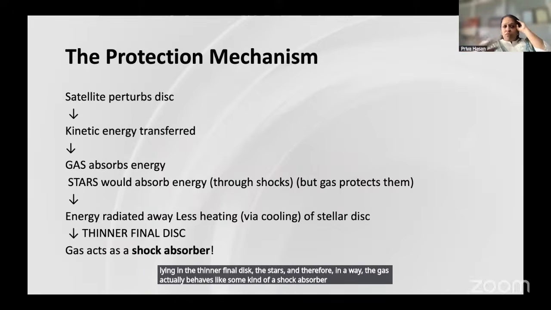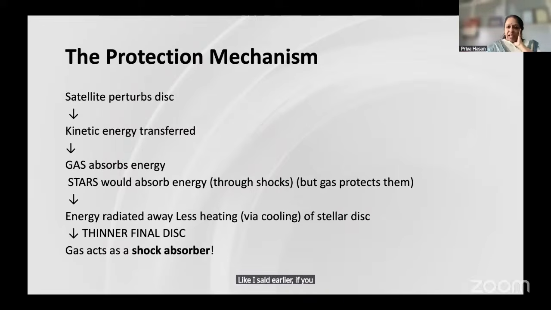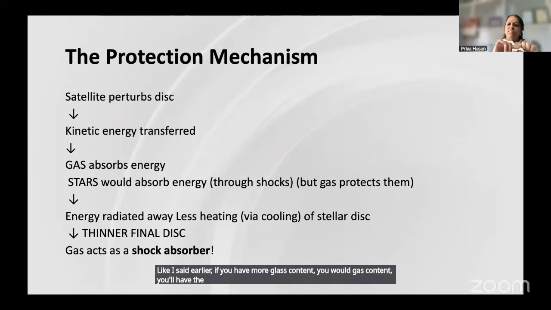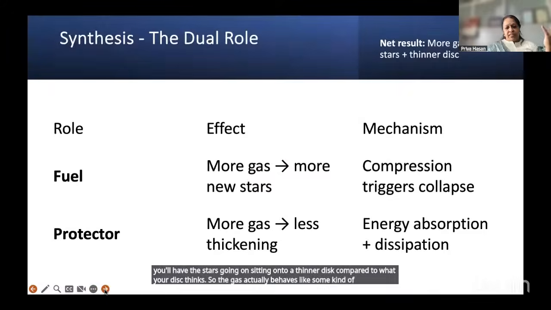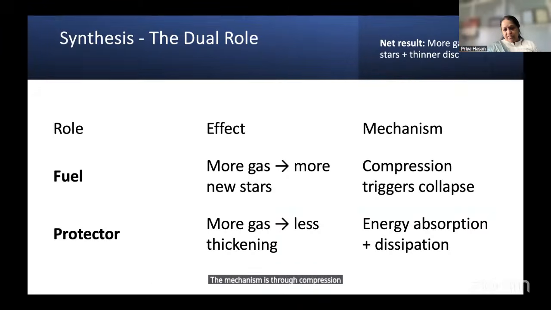So if you start off with your merger, like I said earlier, if you have more gas content, you'll have the stars sitting in a thinner disk. So the gas behaves like a shock absorber. Actually, gas plays a dual role. In terms of star formation, the more gas you have, the more stars, and the mechanism is through compression, which triggers the collapse.